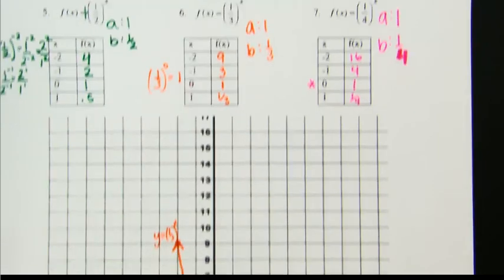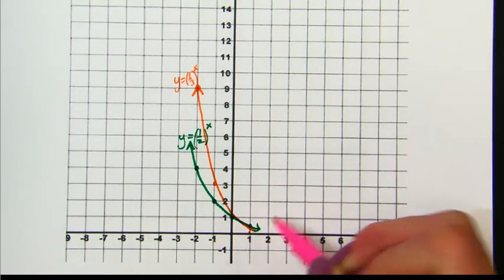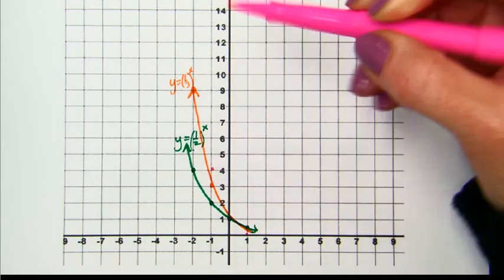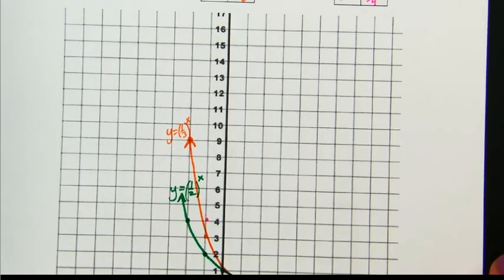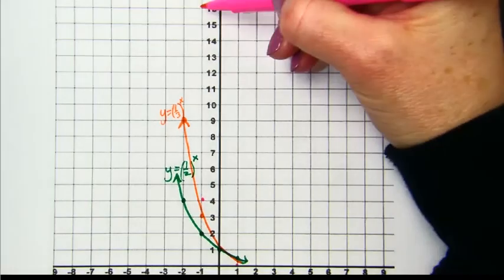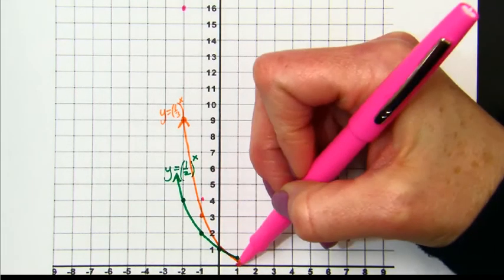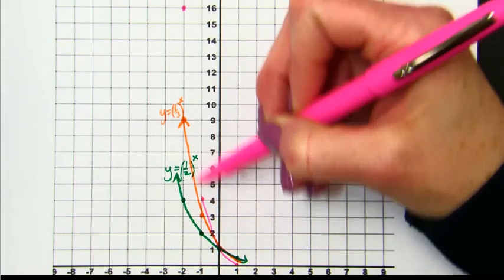And then let's graph. See if I can get the whole thing in there, we go. All right, now this one's tough to draw because we're going kind of backwards.